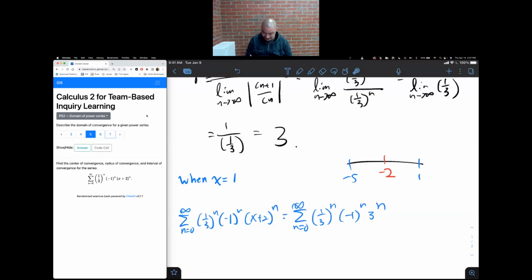We notice that n copies of 3 with (1/3)^n just gives 1, so those products are just 1. We're left with the alternating series (-1)^n, which does not converge.